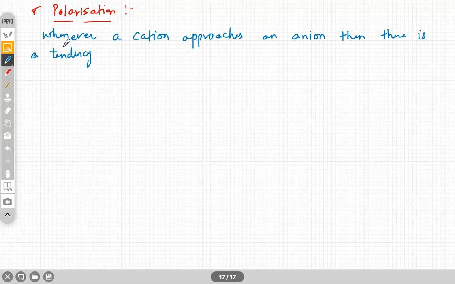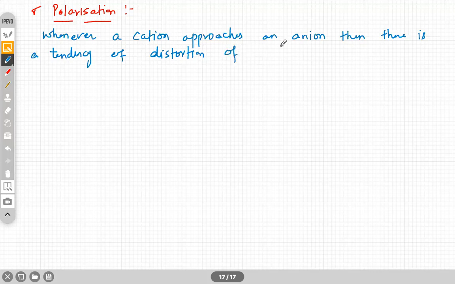All of you copy this down. I'll explain after this. Tendency of distortion of electron cloud of anion.